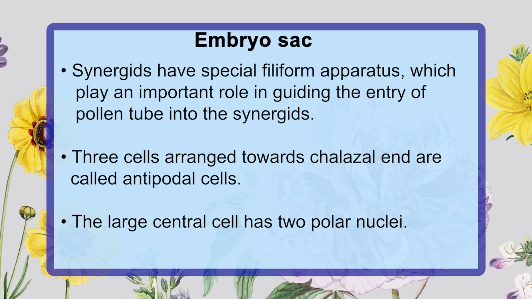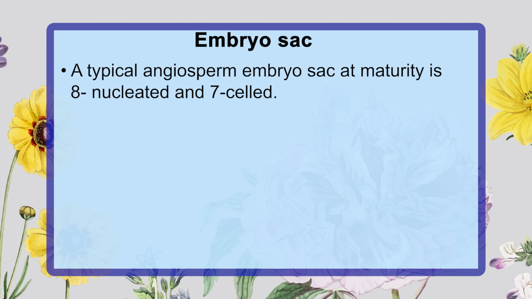The large central cell has 2 polar nuclei. A typical angiosperm embryo sac at maturity is 8 nucleated and 7 celled. This is the write-up of whatever we have discussed just now.